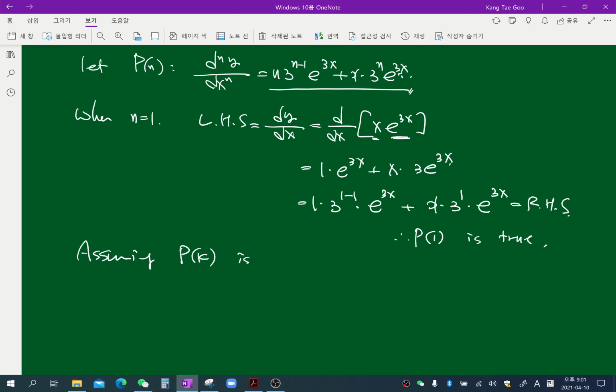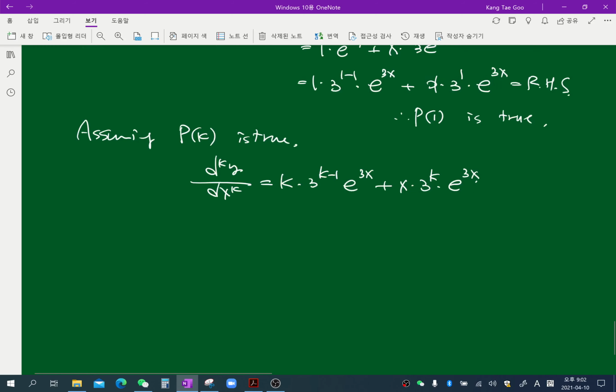Then again the same, assuming Pk is true, which means the kth derivative of y with respect to x is k times 3^(k-1) e^(3x) plus x times 3^k times e^(3x), right?